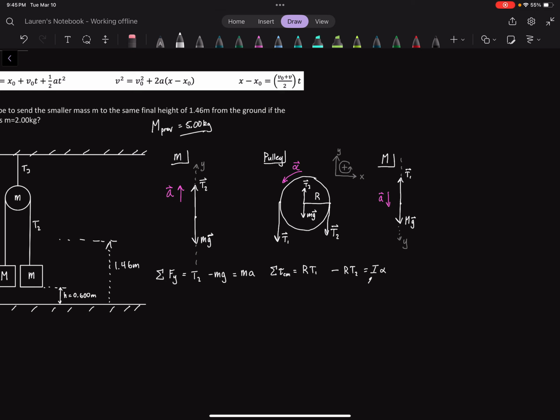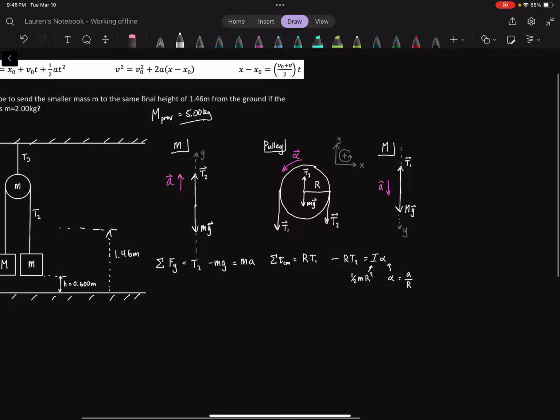Now this I here, we can model a pulley as a solid cylinder, which has moment of inertia of 1/2 mr squared, right? So it has some radius r, it has some stated mass, lowercase m, and then alpha is equal to a over r. So we're going to have all of our r's end up canceling. So let's go ahead and rewrite this equation below.